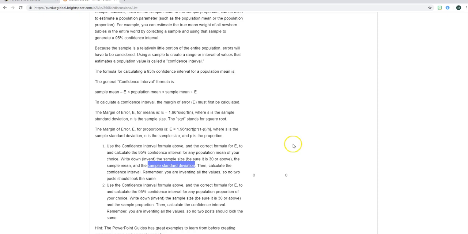For part 2, you will do the same thing, but since part 2 is for proportions, percentages rather than means, you will now have to invent a sample size again, making sure it's 30 or higher, but now you'll create a sample proportion, which is like a sample percentage. And I'll give you two hypothetical examples myself in this video to help you have an idea of what to pick.